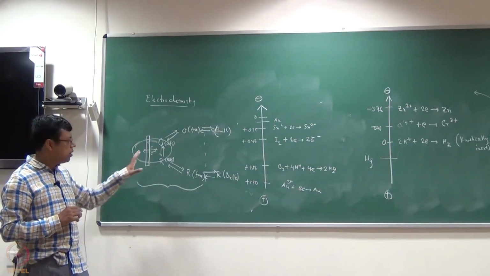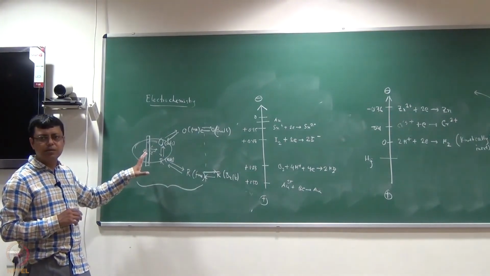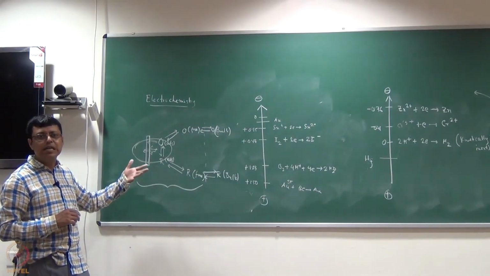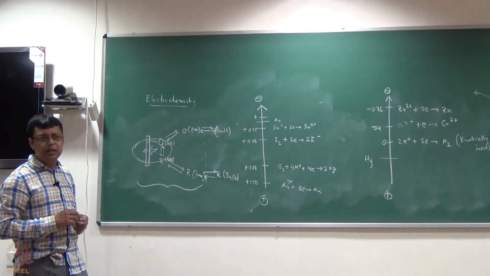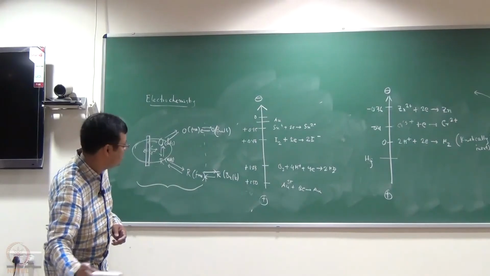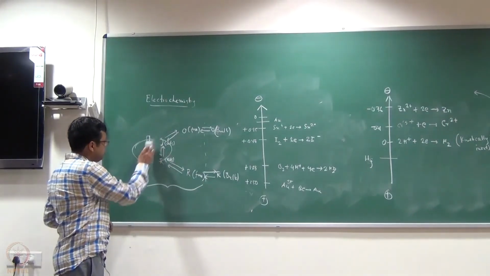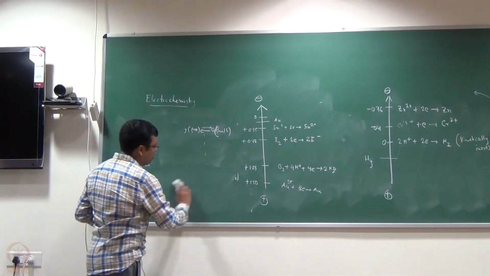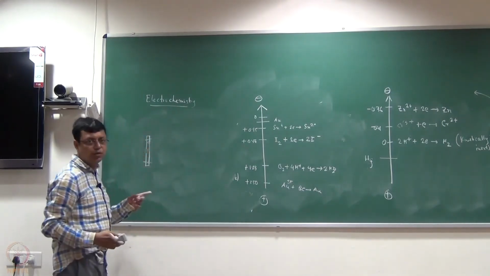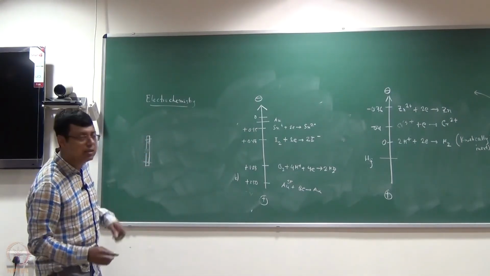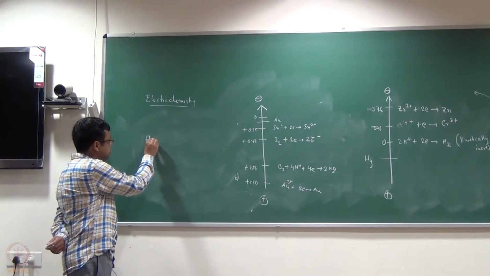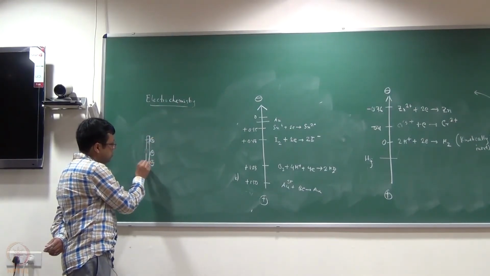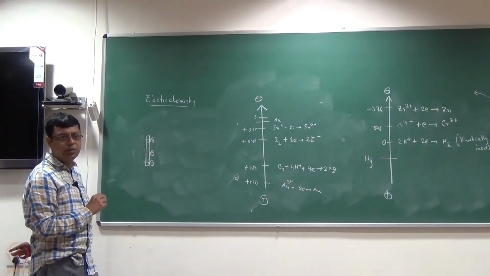Clear? Usually, this is modeled in a very, very simplistic model, which is known as the electrical double layer model. In the sense that they say this electrical double layer is what? You basically have an electrode, and then you have ions. Now, what it says is that some of these ions are very much attached to the electrode.